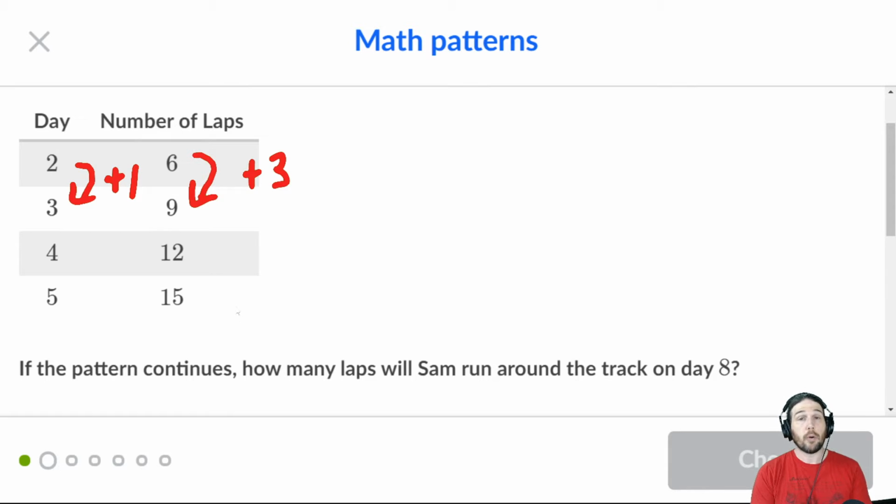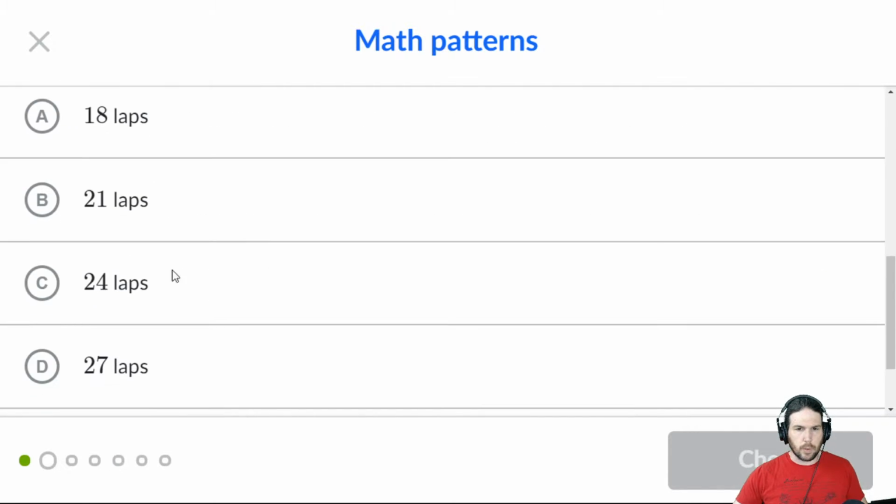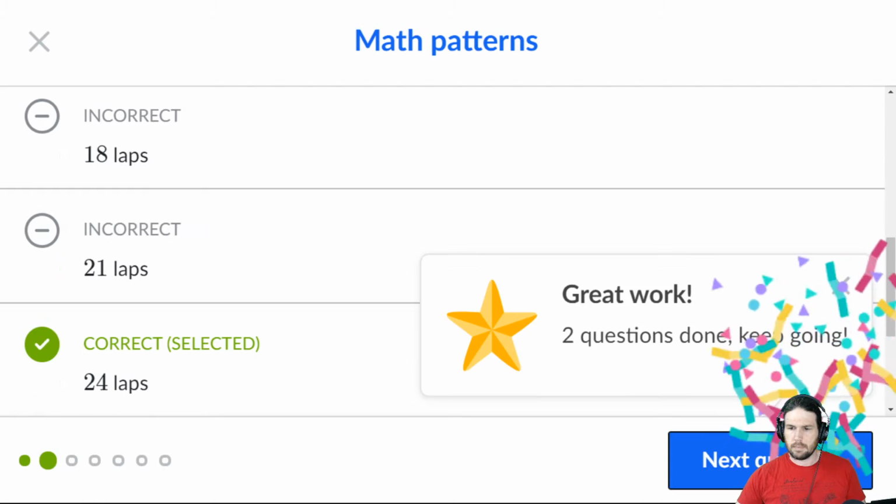If you need to, remember to remind them how to skip count, because that's what this is, right? It is skip counting by 3s, 6, 9, 12, 15. So that's another connection that you can make if folks are having a hard time really connecting the dots here. What did I say, 24? Excellent.